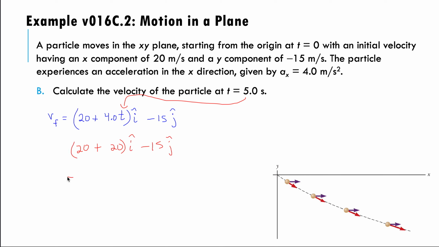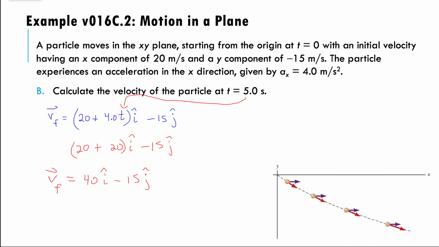So it's going to be 40i minus 15j. So after 5 seconds, that is going to be the velocity vector at that particular time. Perhaps in this picture, perhaps this is 5 seconds. Well, that red vector would be represented by this right here.